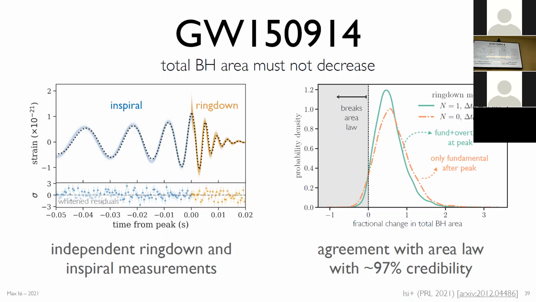This formula holds for Kerr, right? Yeah, so this is not testing whether the objects are Kerr or not. It's saying you start with two Kerr objects, you end up with a final Kerr object. Do the respective areas match what we expect for the area law? So it's testing what happened in the process, how much energy was radiated and so on. Okay, so under the assumption that we've been talking about since the beginning, then you get this. Exactly.